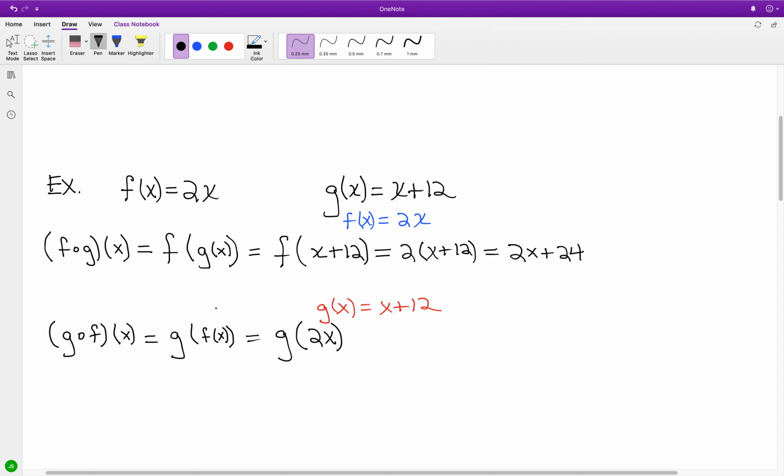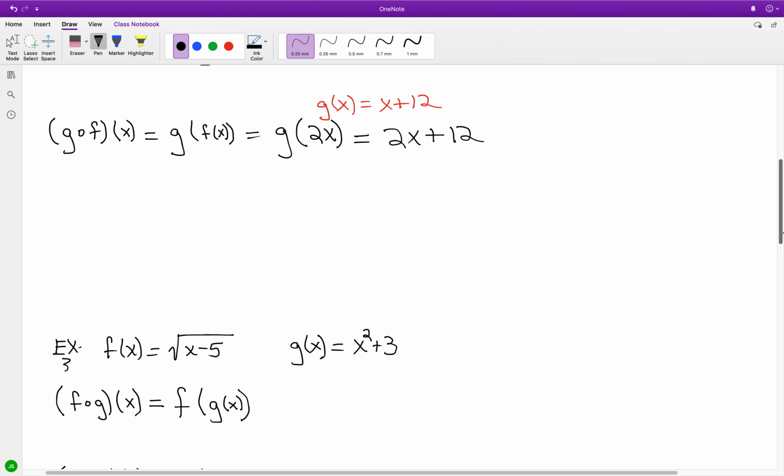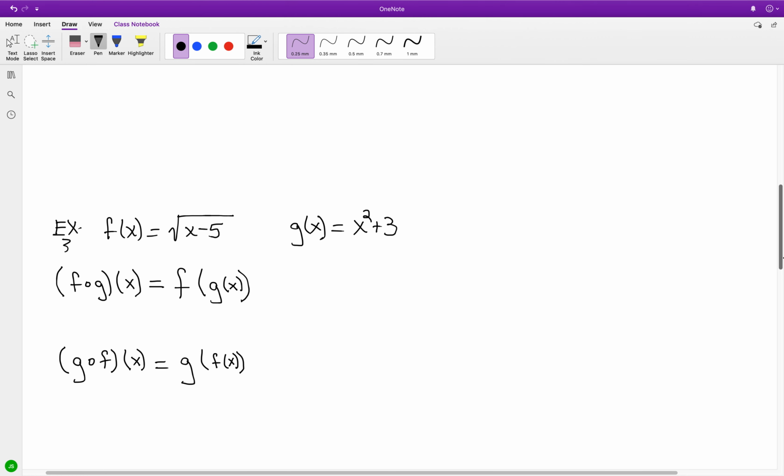Now for the composition, the input we now have is 2x, and for the input plus 12, for g composed with f of x, we end up with 2x plus 12.